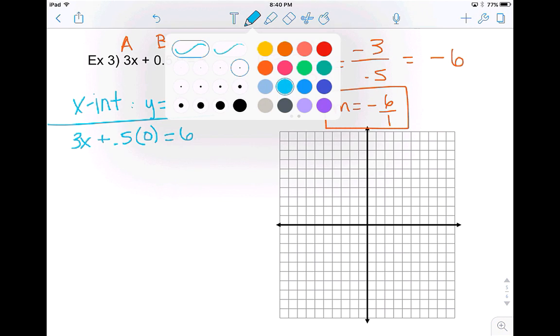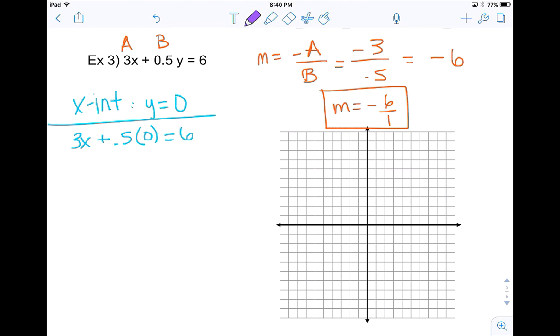Now we can simplify. 0 times anything is 0, so that leaves us with 3x equals 6, and then divide by 3 so that we get x equals 2. So our x-intercept will be the point 2, 0, which will be positive 2 on the x-axis there.